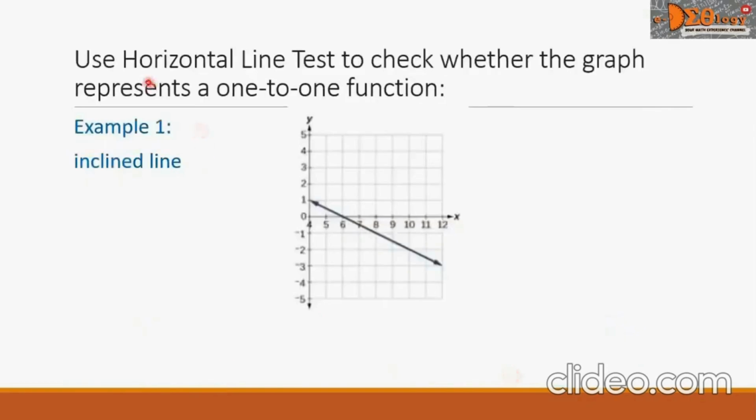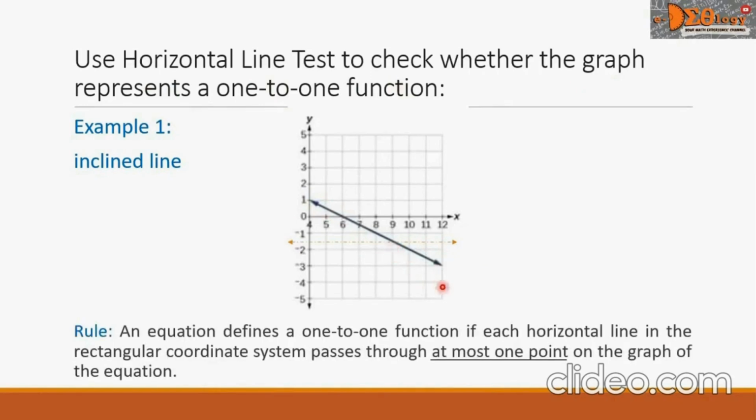Example 1. Use the horizontal line test to check whether the graph represents a one-to-one function. This is the graph, an inclined line. So let us draw now a horizontal line anywhere on the graph. We have this horizontal line here, and we can see that it intersects the given line at 1 point.